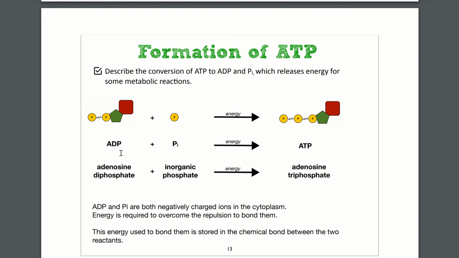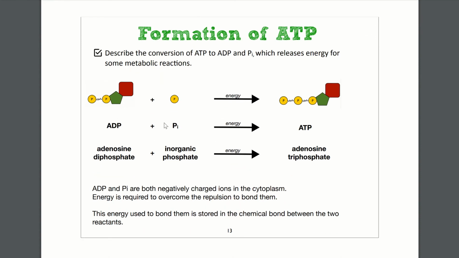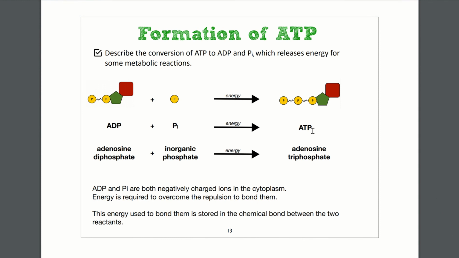So adenosine diphosphate and the one phosphate that has separated from this molecule. Now, through respiration, we reattach this phosphate to the ADP, making ATP. Now we can use this again. Making new ATP.